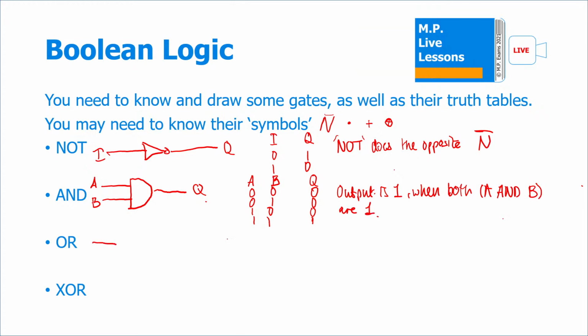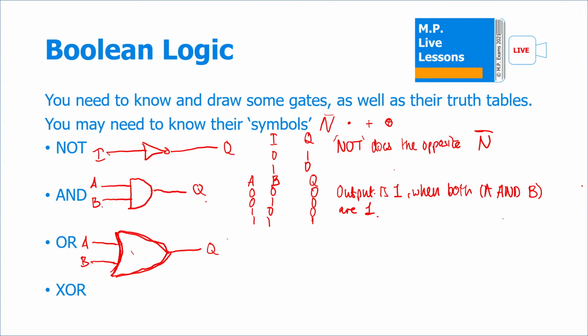OR is similar to the AND gate, except this straight bit is replaced by a curved bit, which almost becomes an arrowhead, and then it has one output at the end, Q, like this, almost.